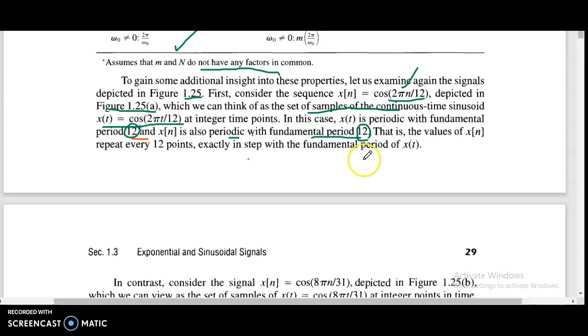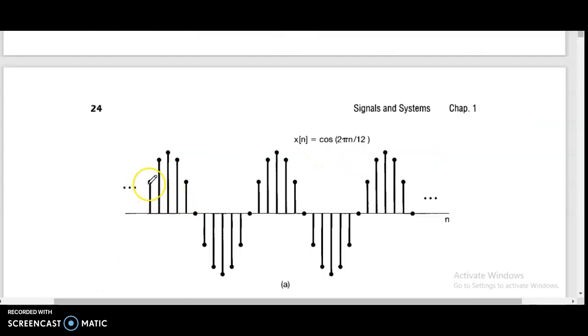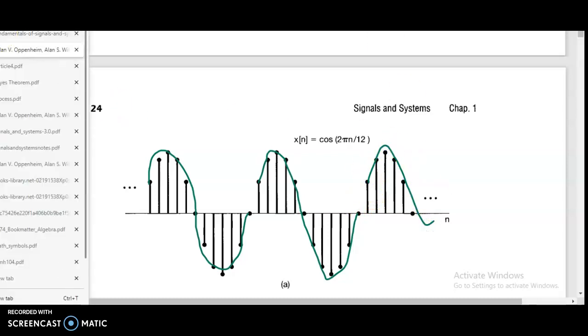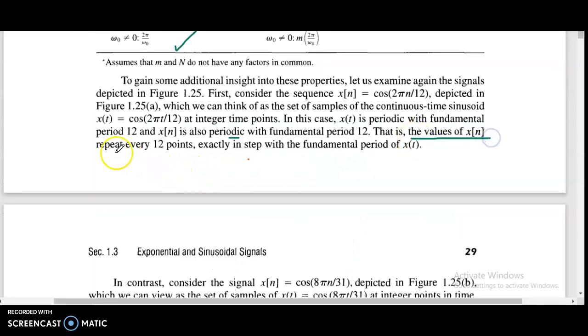That is, the values of x of n repeat every 12 points, exactly in step with the fundamental period of x of t. Twelve points repeat means from here to here, 12 points complete, then from here to here complete again. So it is periodic, and this is the fundamental period.